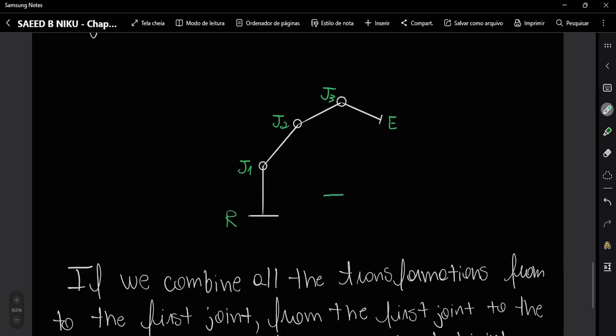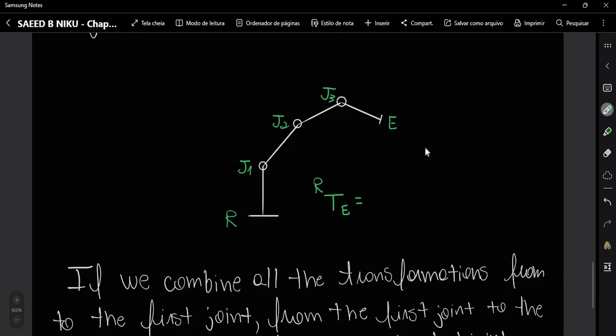So remember that this first transformation, the total transformation, is the transformation of the frame E in relation to the frame R. And this transformation is the result of all the transformations happening on this robot, which is describing its motion.